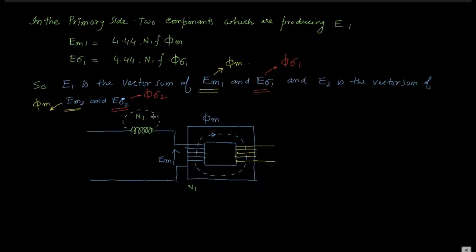Here is the leakage flux phi sigma 1, and due to that E sigma 1 is produced.